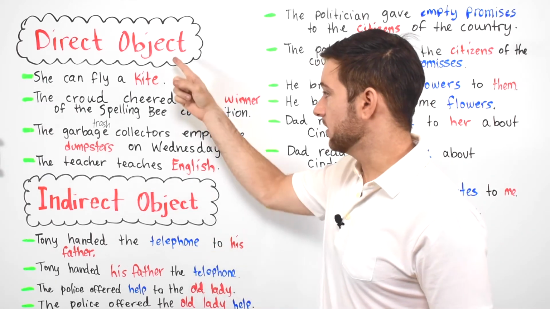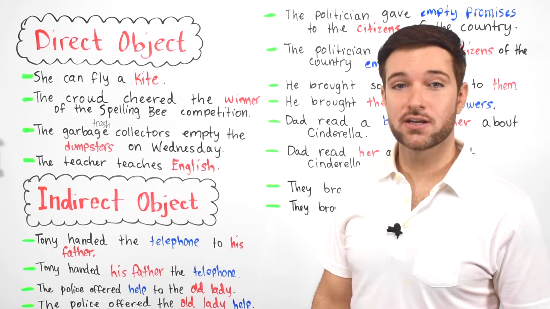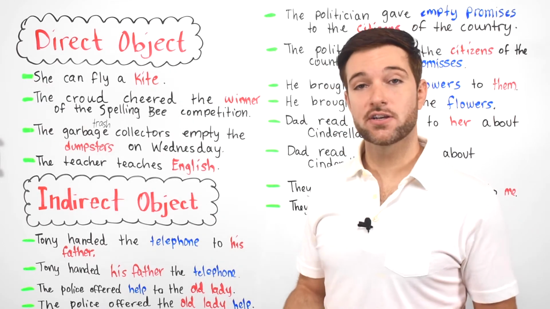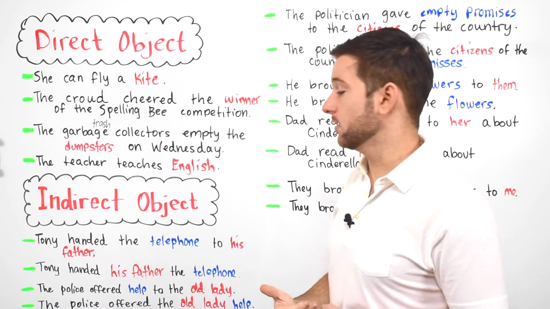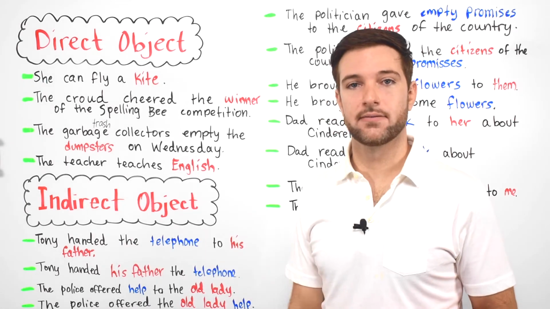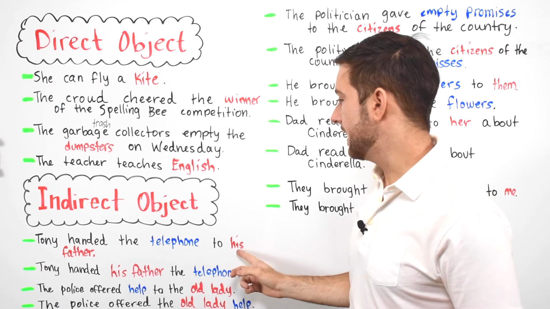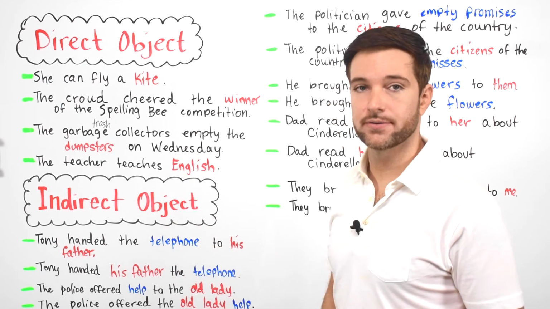So that's the direct object in this case. And then where's the indirect object? Do you know where the indirect object is? The indirect object, remember, is the person or the thing that's receiving the direct object, which in this case is the father, the dad. So the dad is the indirect object and the telephone in this example is the direct object.